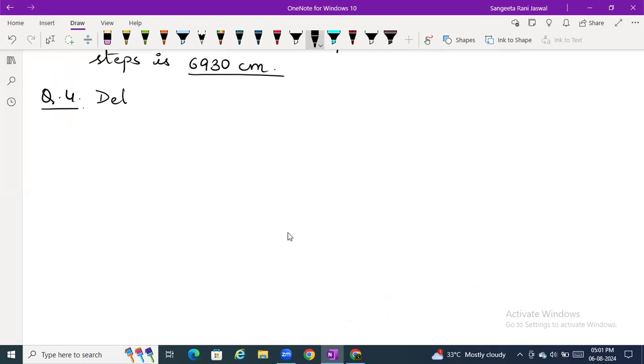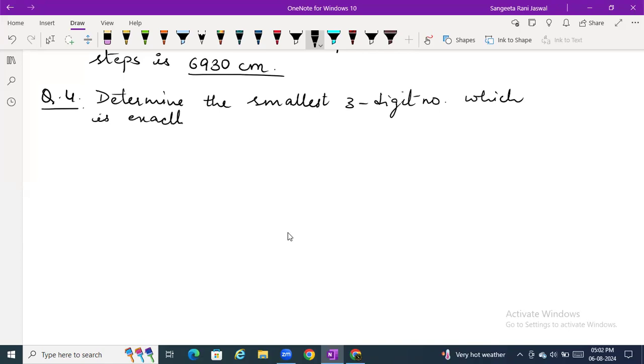Determine the smallest 3-digit number which is exactly divisible by 6, 8 and 12.